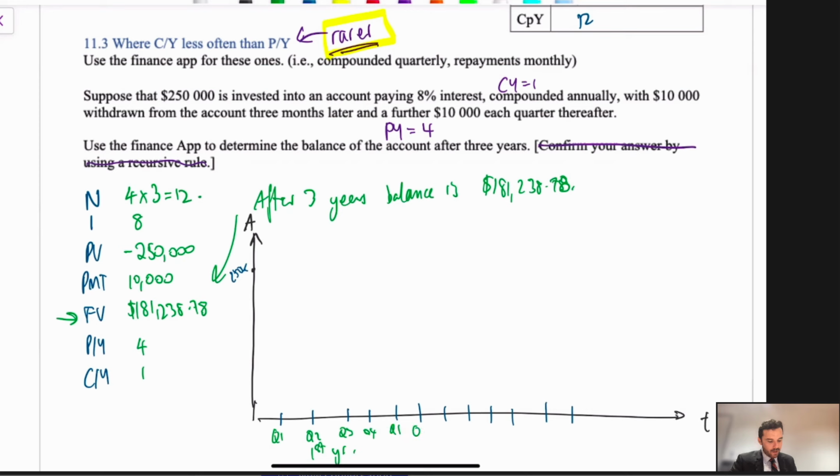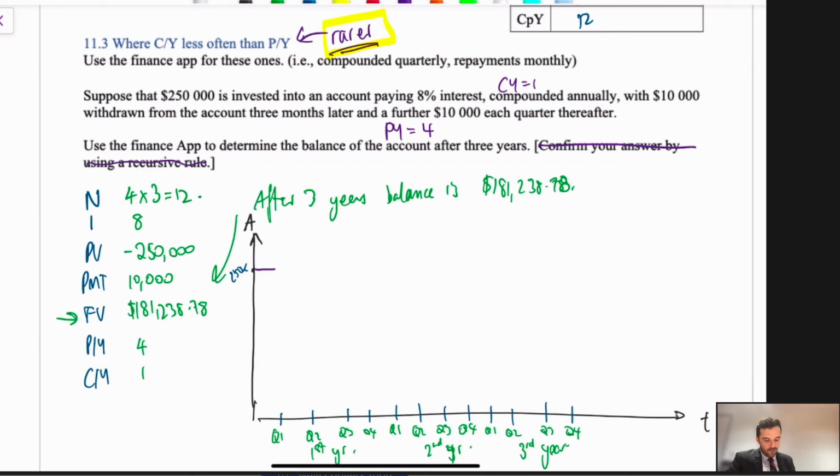This is quarter 1 to quarter 4, the second year. And this is quarter 1 to quarter 4, the third year. So I had to think about how this balance is going. I just wanted to compare, is $181,000 similar to this method?